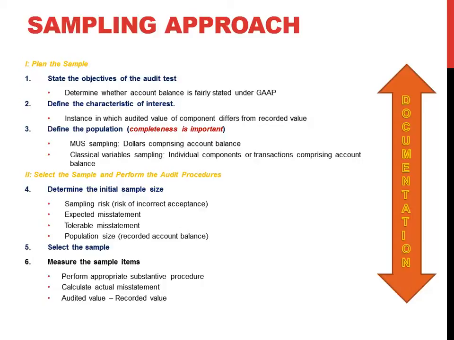Define what the population is. Completeness is important. So in staying with the accounts receivable, you're going to look at the accounts receivable trial balance and you're going to perform tests to ensure that the accounts receivable trial balance is complete. So in testing the relationship, think about the relationship between transactions and the balance sheet accounts resulting from those sales transactions, in this case with accounts receivable, right?